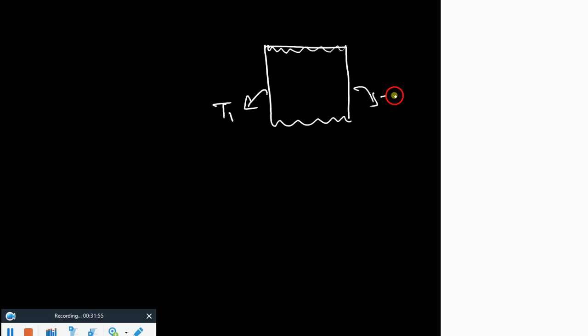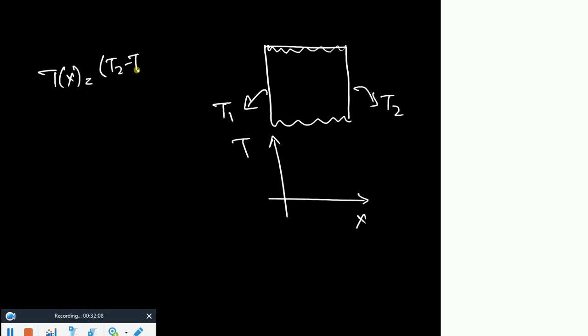Right? Now, let me draw it. This was the wall we were talking about. Let's say this is the representation of an infinite wall. This temperature is T1 and this temperature is T2. I ask you to draw this curve. Remember, T(x) is equal to what? T2 minus T1 over L. This is what you have.